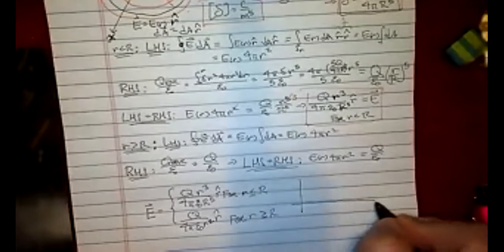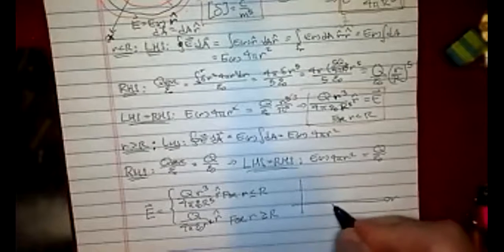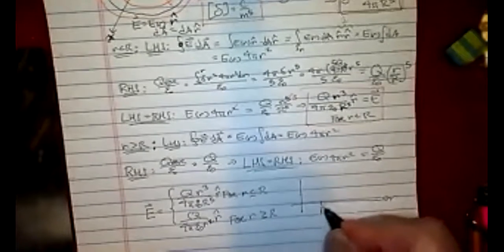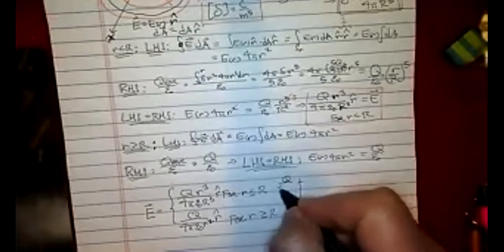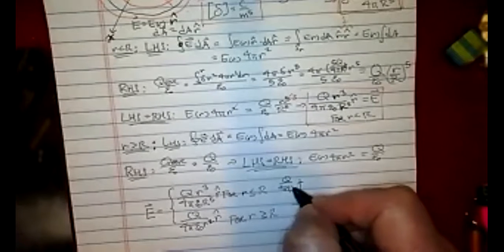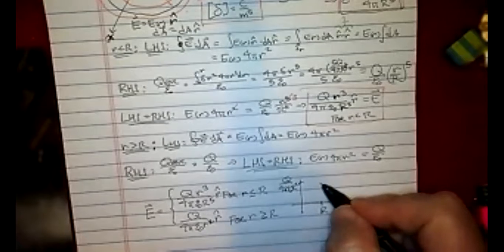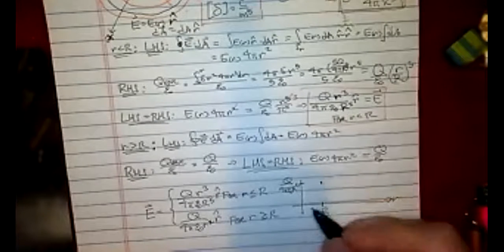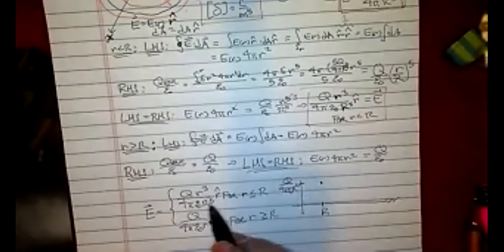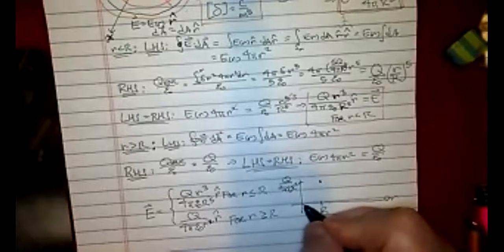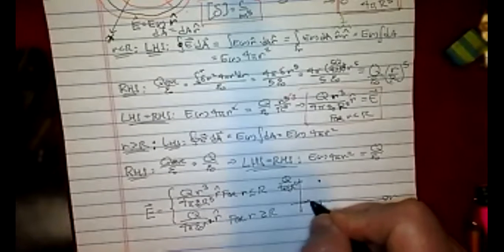And in fact, if you graphed the electric field strength as a function of r, and you put the radius, let's say right here, then Q over 4 pi epsilon naught big R squared would be what you have at r equals big R. But for r less than big R, it's going to be a rapid function. It's going to go like r cubed, so it's going to go like this.